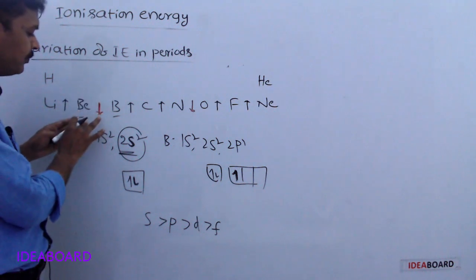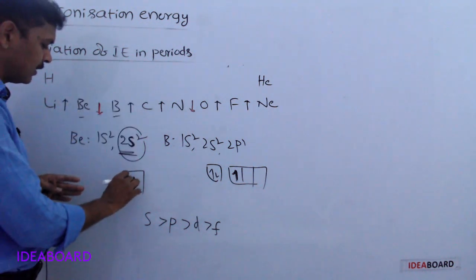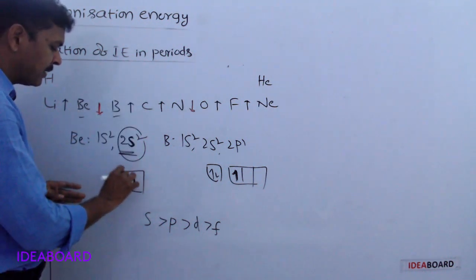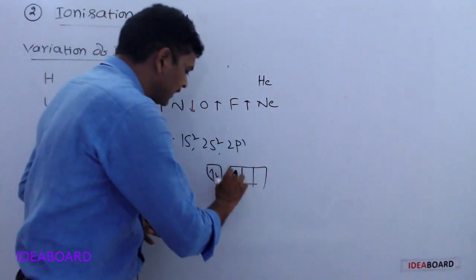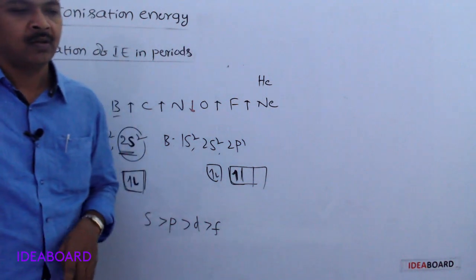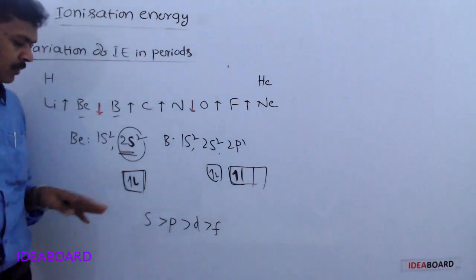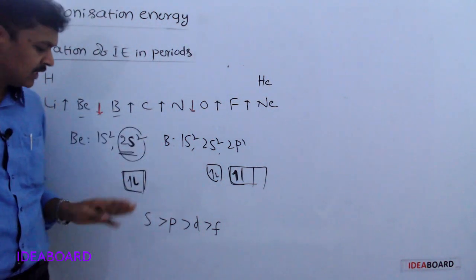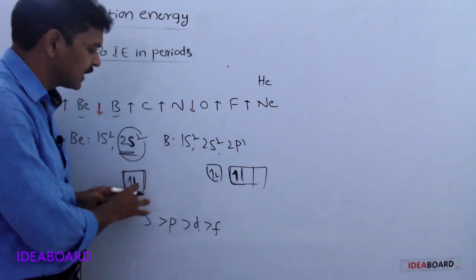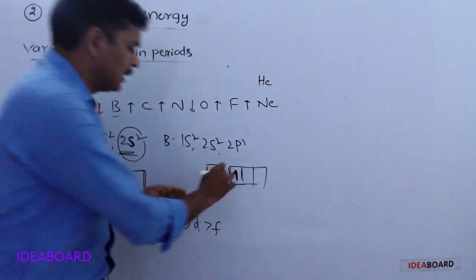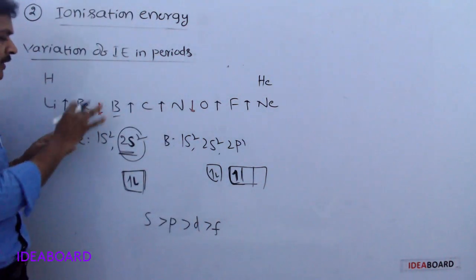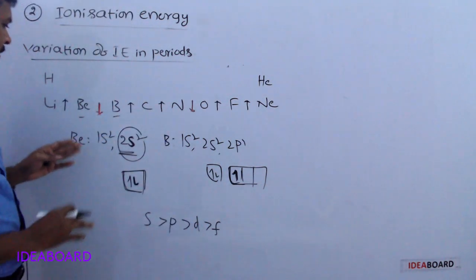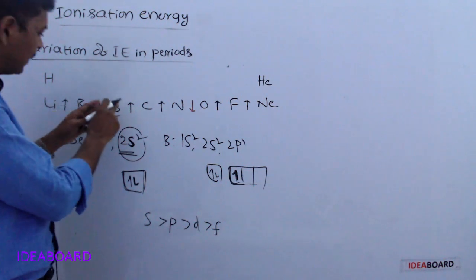In beryllium, the valence electron is present in the more penetrating s orbital, but in boron, in the less penetrating p orbital. That's why beryllium has a higher IP value than boron. So beryllium to boron decreases.